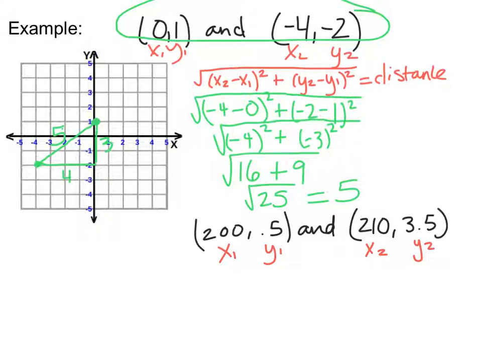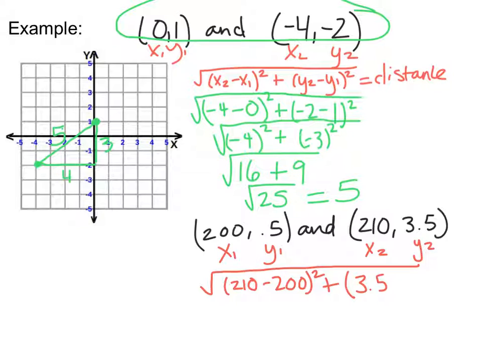Okay, so let's plug our numbers into our formula. So I'm going to do my x2 minus x1, so 210 minus 200, squared, plus my y2 minus y1, squared. And of course, we're following order of operations, so we're going to do the subtraction first.